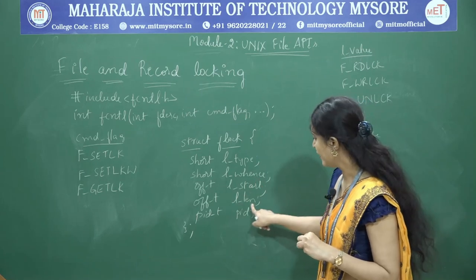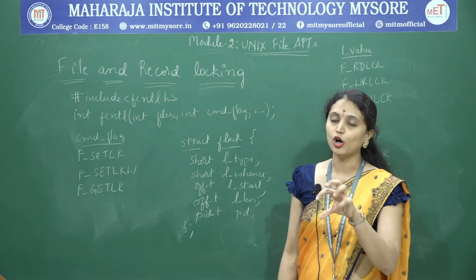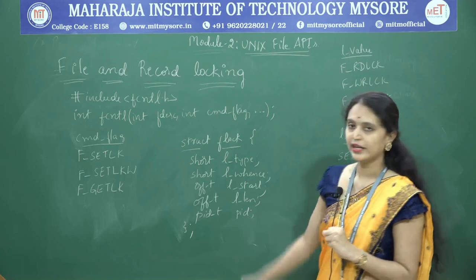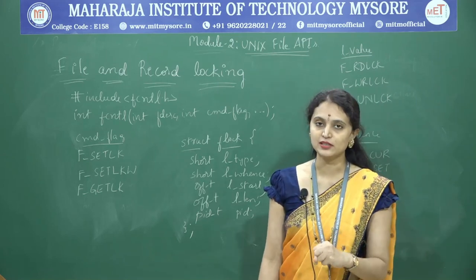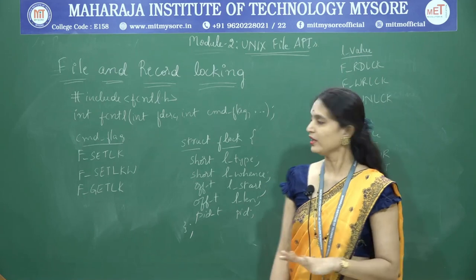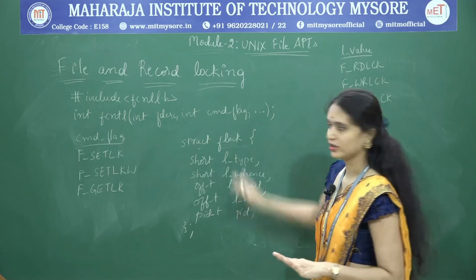Then l_len indicates how many bytes have to be locked by the process, and the last one, l_pid, is the process ID of the process which is imposing the lock on the file. So the third argument is of type struct flock.